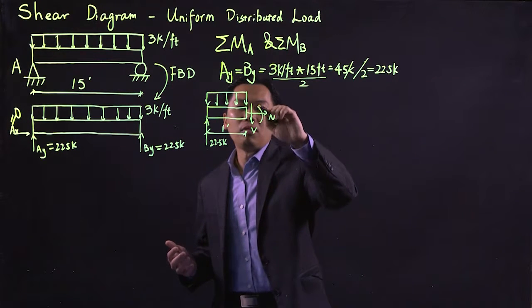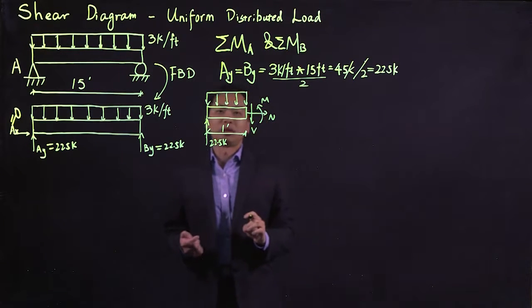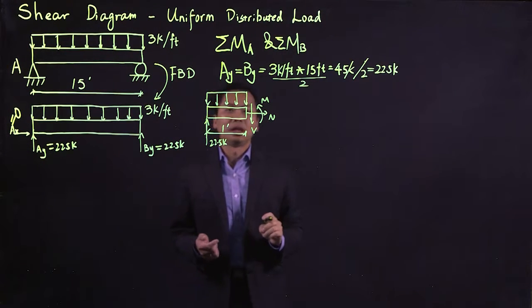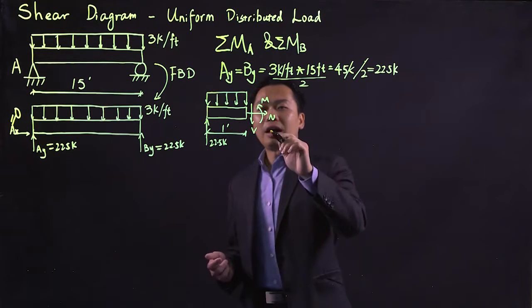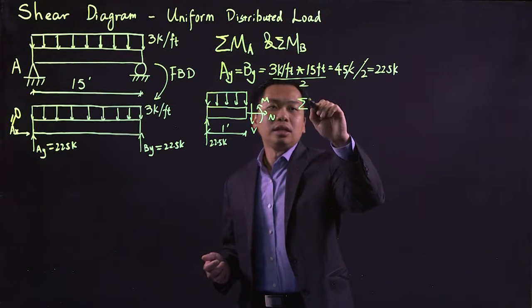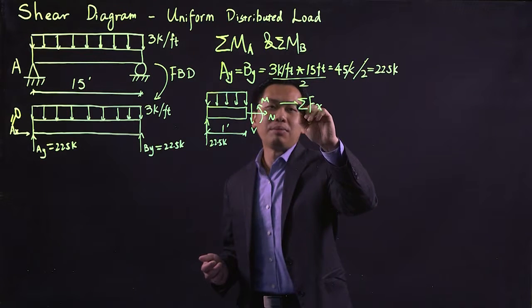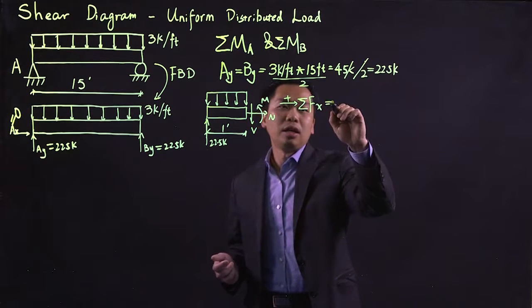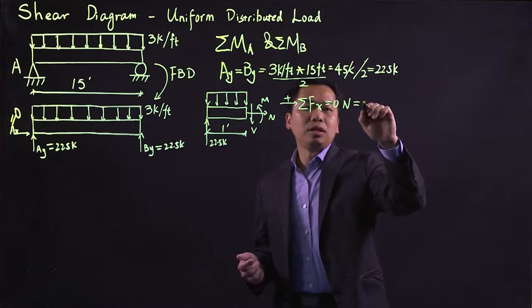axial, and moment. Those directions are the positive directions according to our sign conventions we taught in the previous videos. To find the axial load, we can sum the forces in the x direction, assuming left to right is positive. Here our axial load is equal to 0.